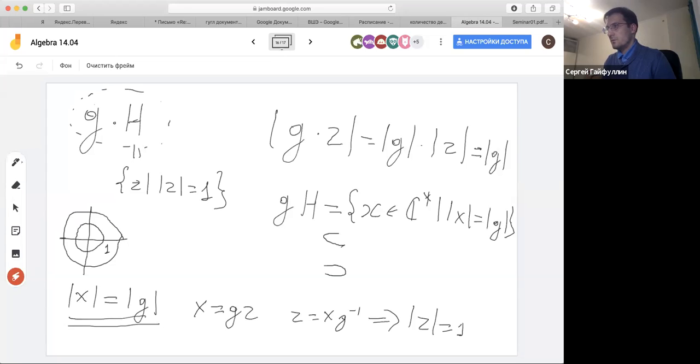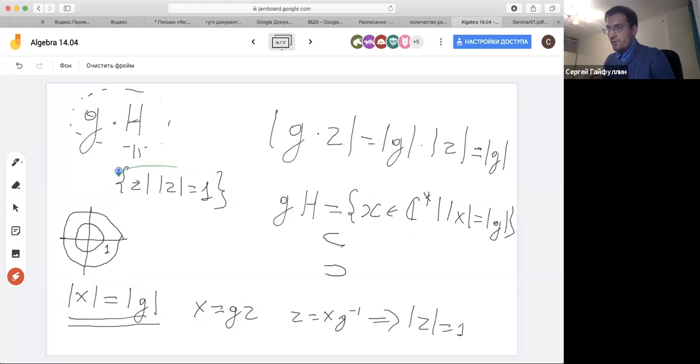We take x from here, so the modulus of x equals the modulus of g. And we need to show that x equals gz, where z is from H, so the modulus of z equals 1.